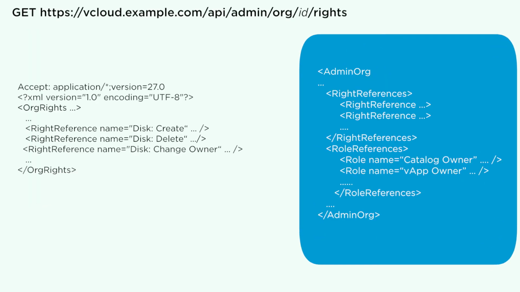Because an update to the organization's rights replaces the current set of rights with a new set, start by making a GET request that retrieves the set of rights that the organization already has. Using the org rights list returned by this request as the basis for your update ensures that the update doesn't inadvertently remove rights from the organization.